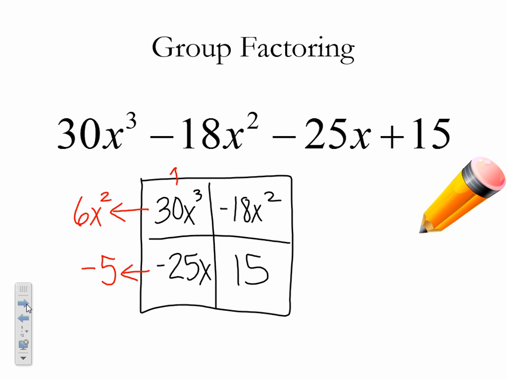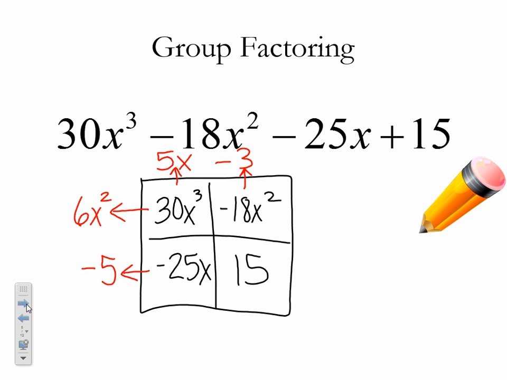Now I'm going to go up like this, 30x to the third and negative 25x. Well, I take a 5 and an x out. And up this last column, negative 18x squared and a 15, I'm going to take a 3, but I'm going to make that a negative 3 since that column starts negative.